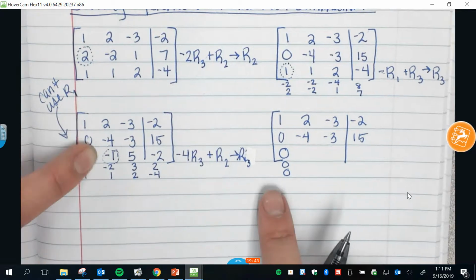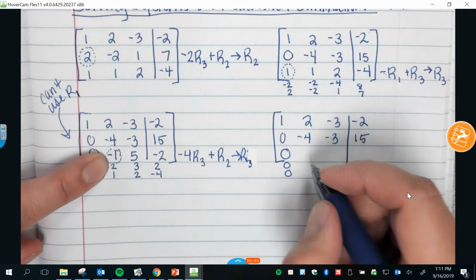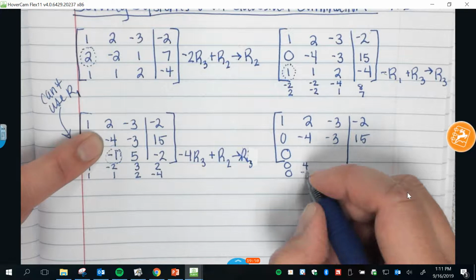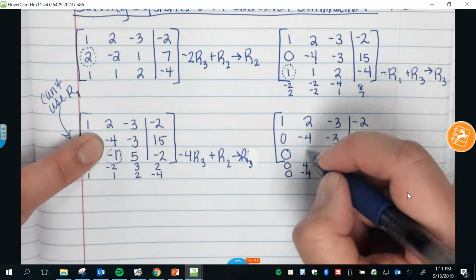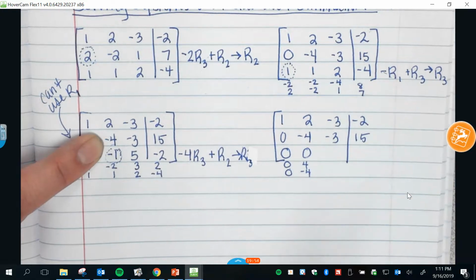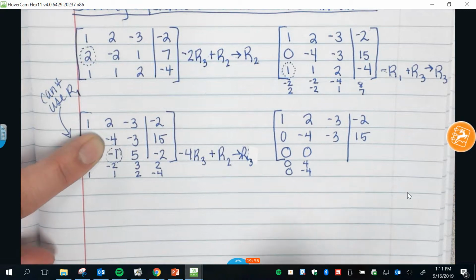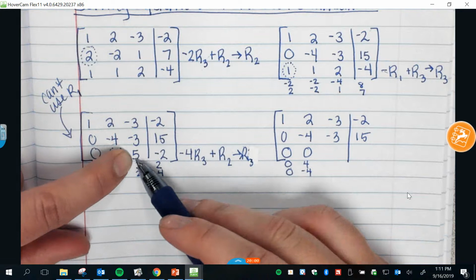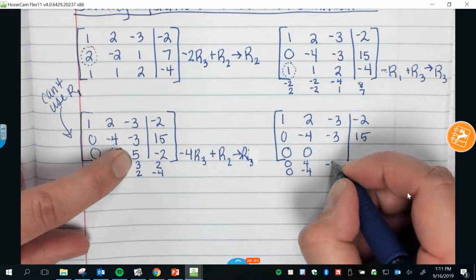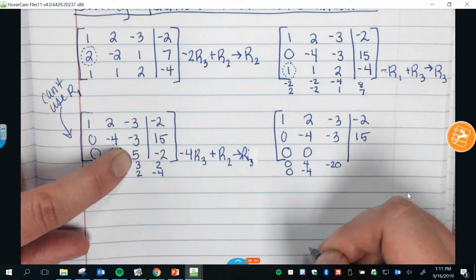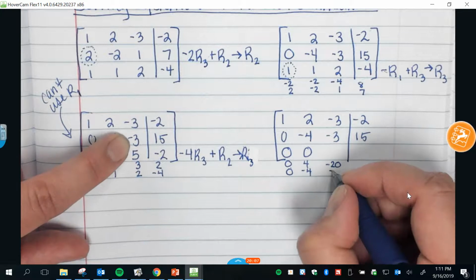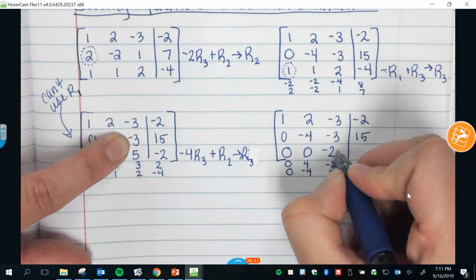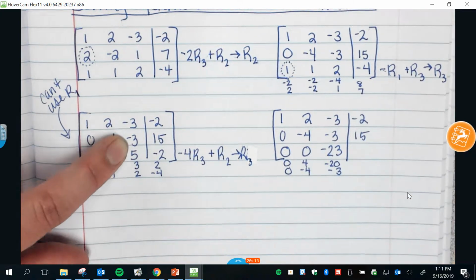Then we move over. Negative 4 times negative 1 is 4. Add it to row 2, which is negative 4. That makes 0. Great, that's what we wanted. Move on. Negative 4 times 5 is negative 20, plus negative 3 makes negative 23.